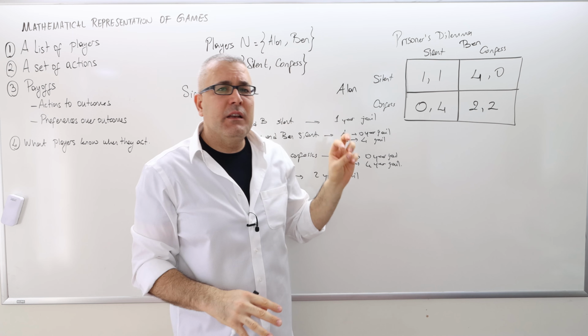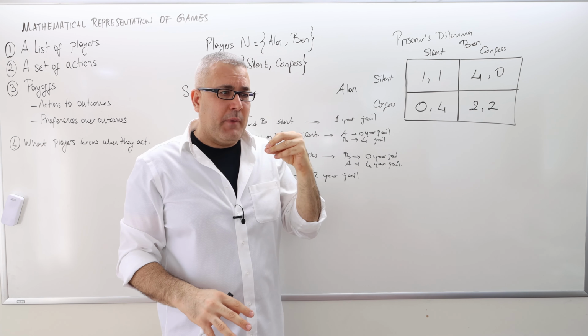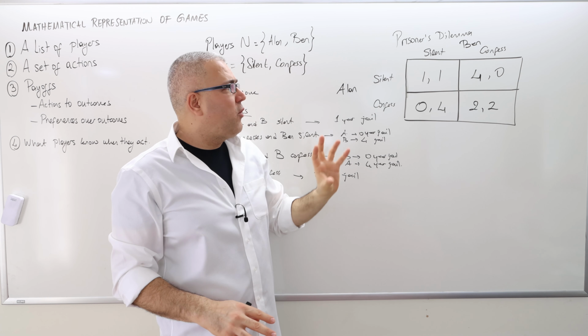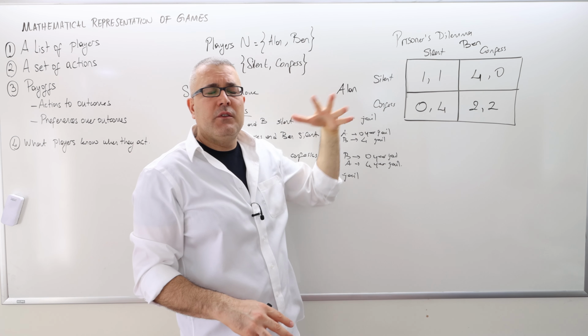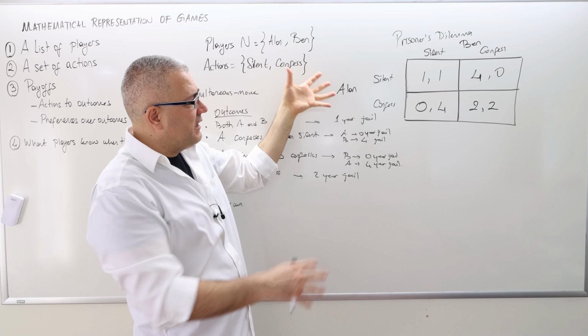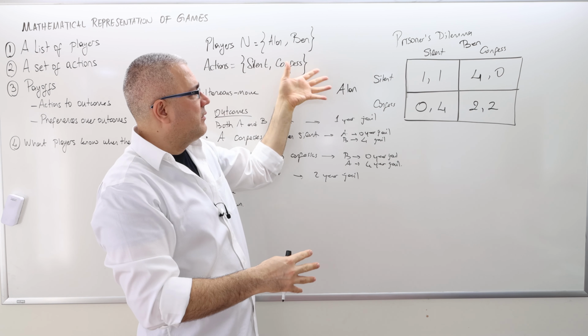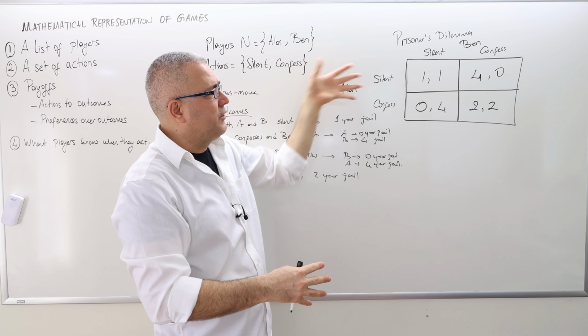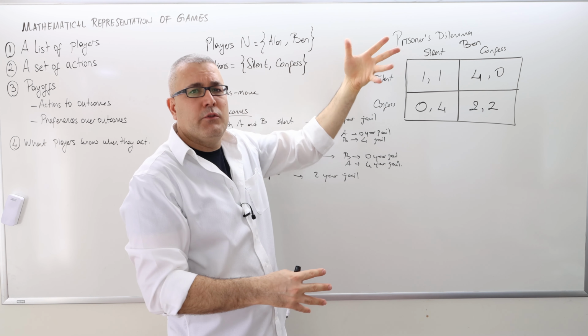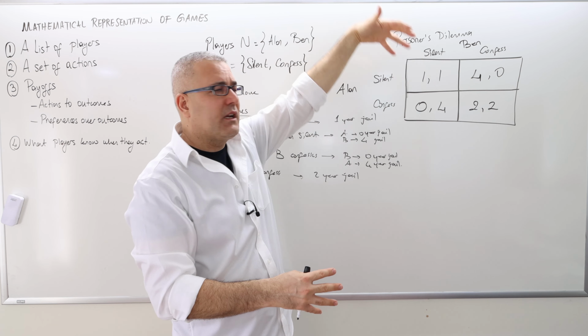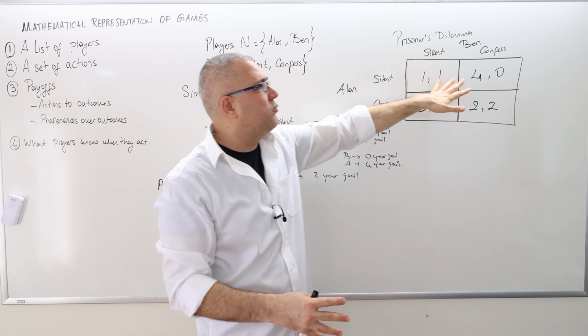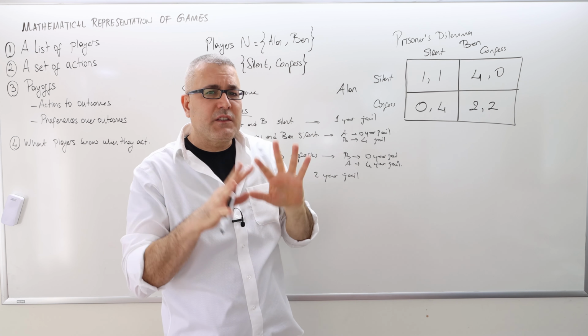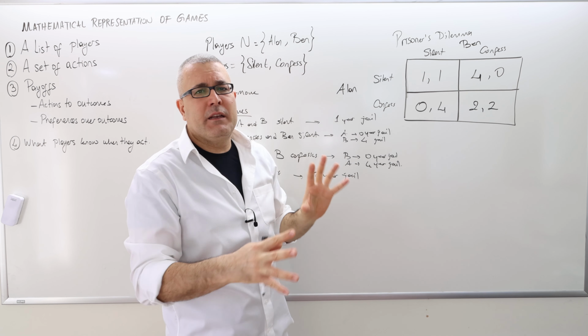Before they make a choice, Alan and Ben already know that this is the game. You can imagine that they both see this matrix. Alan knows that he's determining the rows. Ben knows that he's determining the columns, and the payoffs will be as such. So this is common knowledge between Alan and Ben.